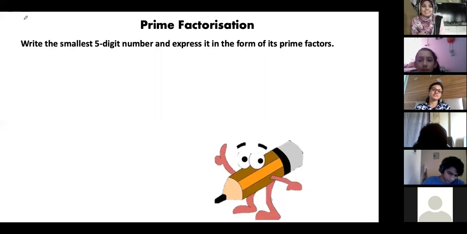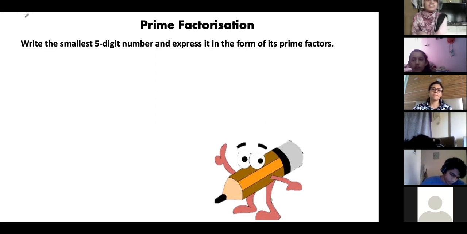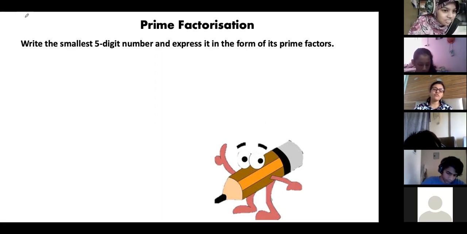The other prime factors are 5 and 2. You have to write in that form. You know how to write 2 into 2 into 2. Like that you write the prime factors. So 10,000 is equal to 2 into 2 into 2. How many 2s are you getting? 5 is also a factor. You can start from 5 also.